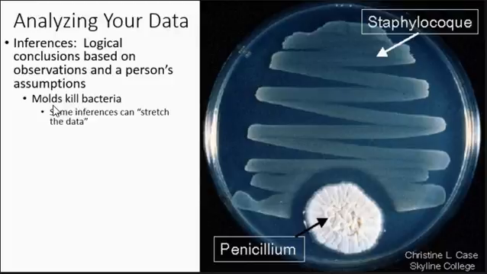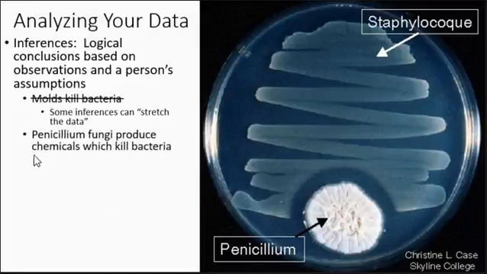And so this inference, molds kill bacteria, you might say stretches the data. A better way to say it might be that penicillin fungi produce chemicals that kill bacteria. Specifically penicillin. Now, that said, we don't know that it kills all bacteria. All we know is that it kills this particular staph bacteria.